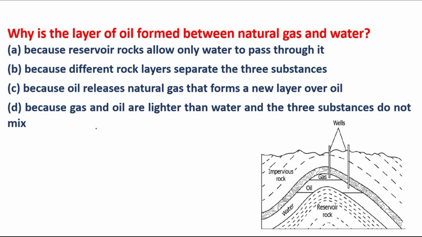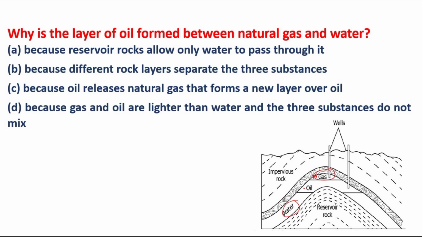Why is the layer of oil formed between the natural gas and water? In the picture we can see a layer of oil is formed between the layers of gas and water. It is mainly because, let us see the options.